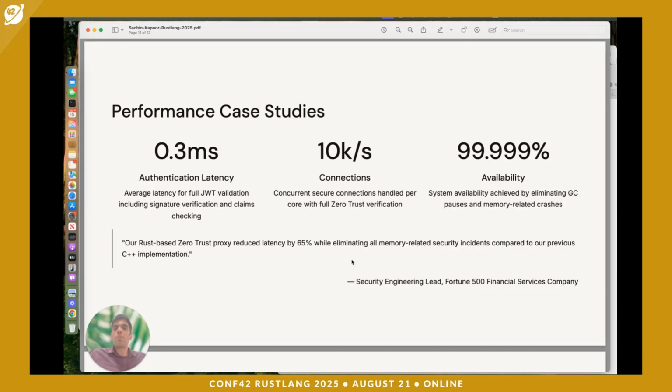Let's quickly look into some of the performance characteristics of Rust implementations, as there is often a concern that security comes with a performance price. As you can see, Rust delivers high performance on JWT validation with a latency of just 0.3 millisecond, the ability to make concurrent secure connections at a high scale, and the high availability provided by no GC pauses and memory related crashes makes it a perfect choice for implementing components for zero trust architecture.